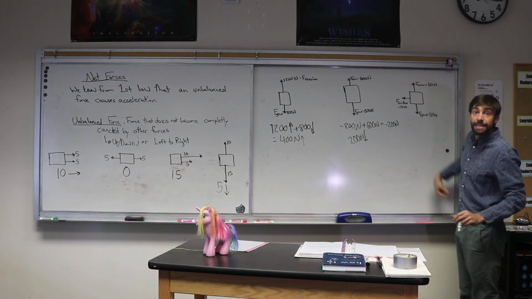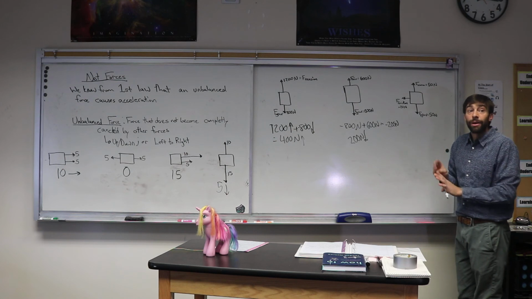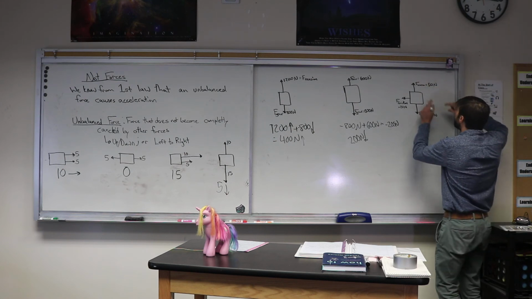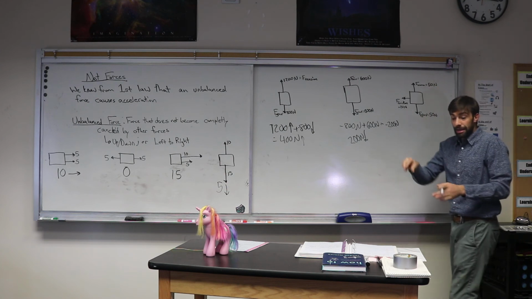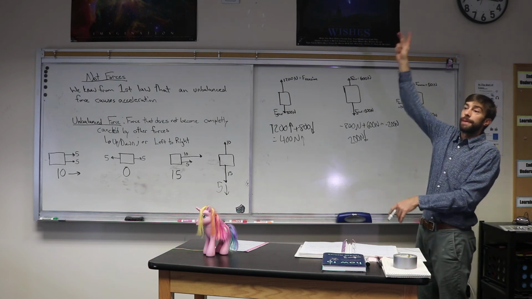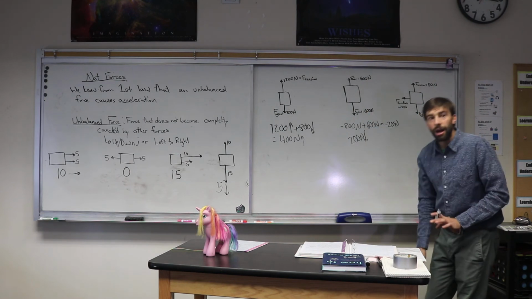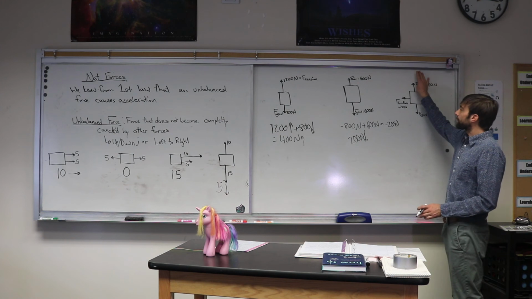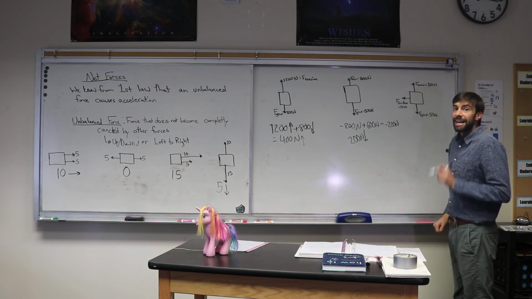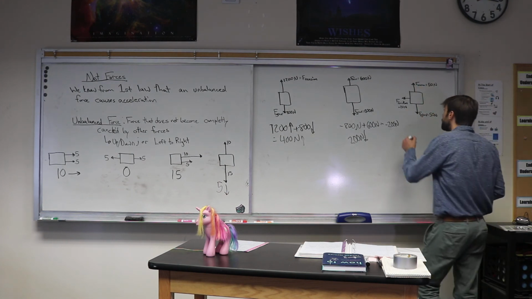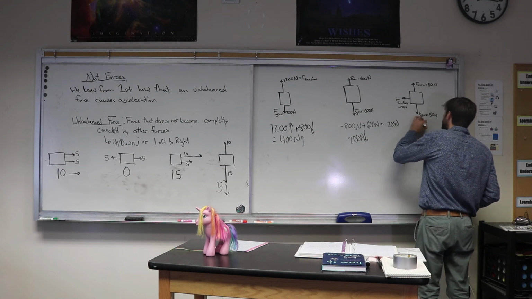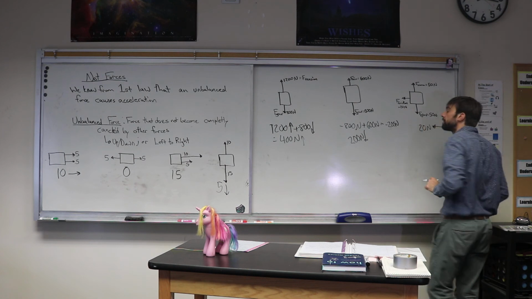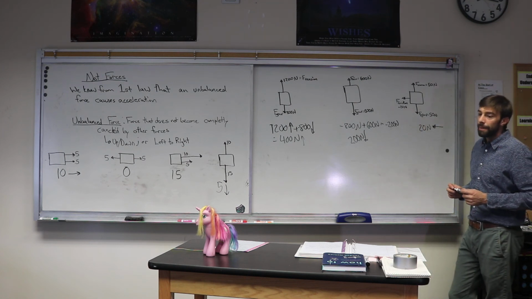They cancel out. They actually go to zero, right? So there is no net force up and down, they balance each other out, and it's not going to speed up in the downward direction. The only force we have left over is friction. And so our net force in this case is going to be 20 newtons to the left. All right?